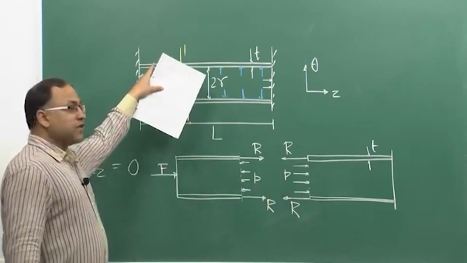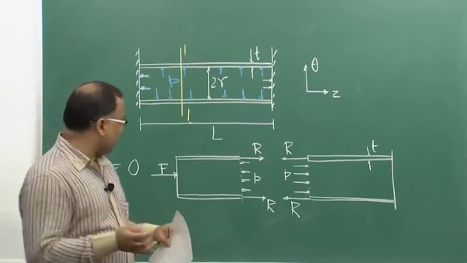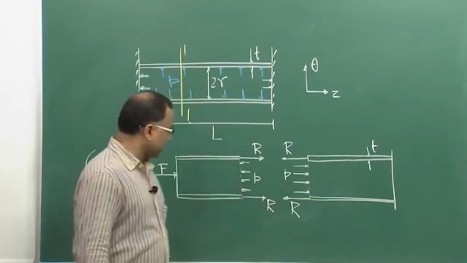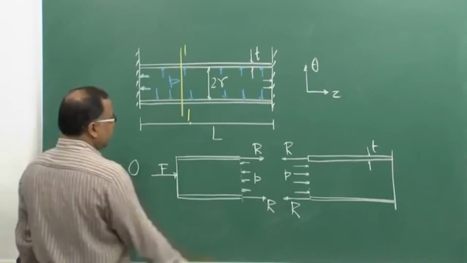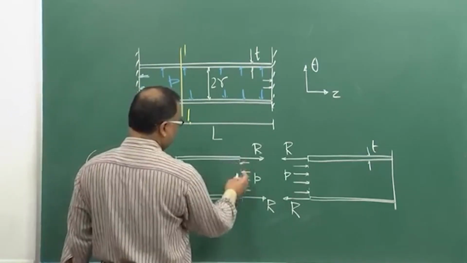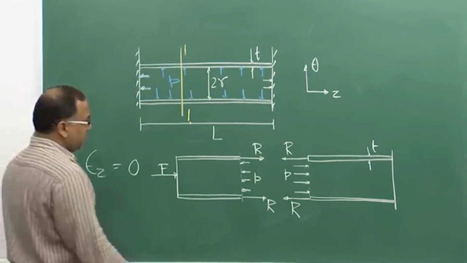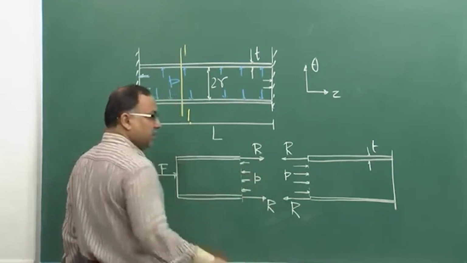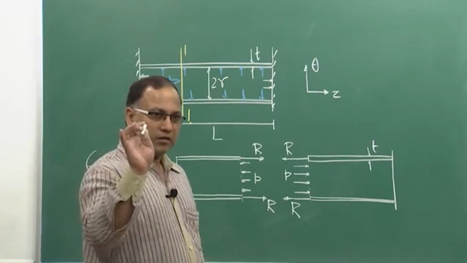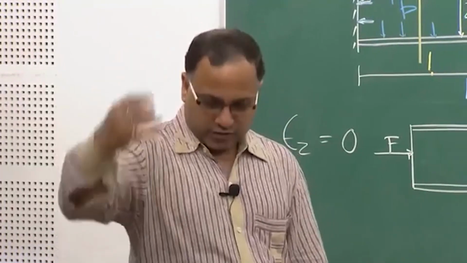If you consider one section 1 like this and draw the free body diagram of both the parts, this is the left hand side part and this is the right hand side part. Now, at section 1 if you consider one z plane, on that z plane this internal pressure, small p, will give you the force, because this is a circular tank.